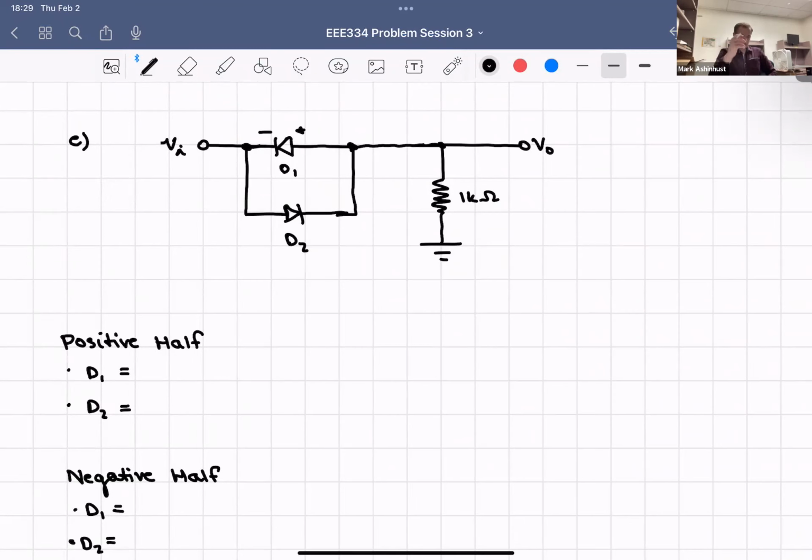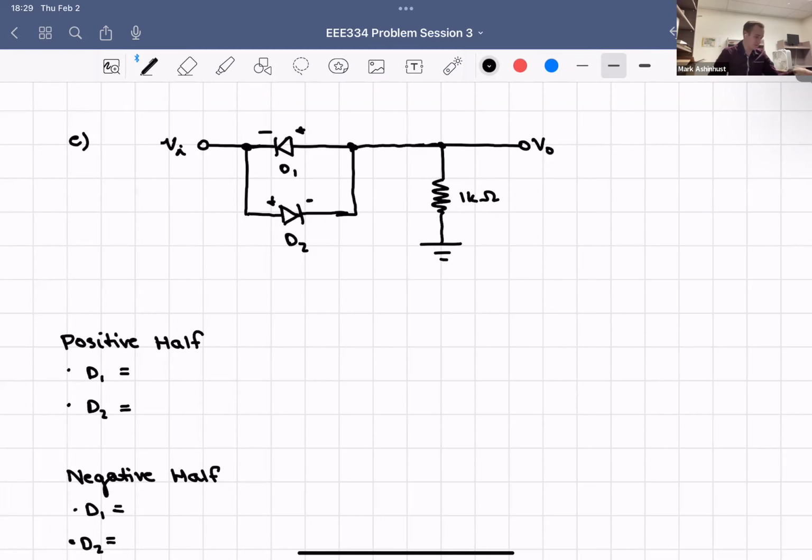On the positive half, think, they're flipped. Since D1 and D2 are opposite in direction, that means they're going to perform oppositely. So if D1 conducts, then D2 is probably not going to conduct.